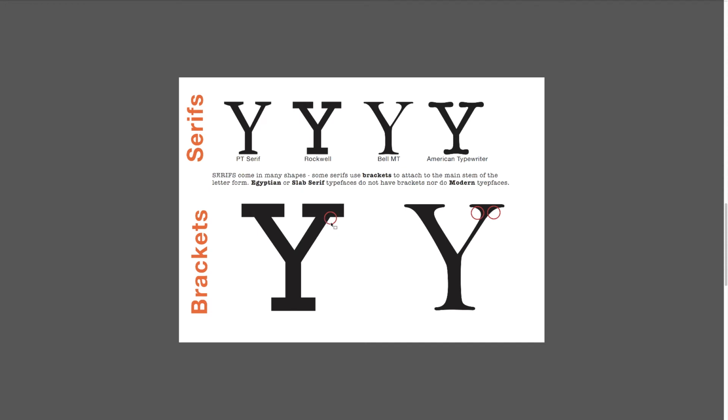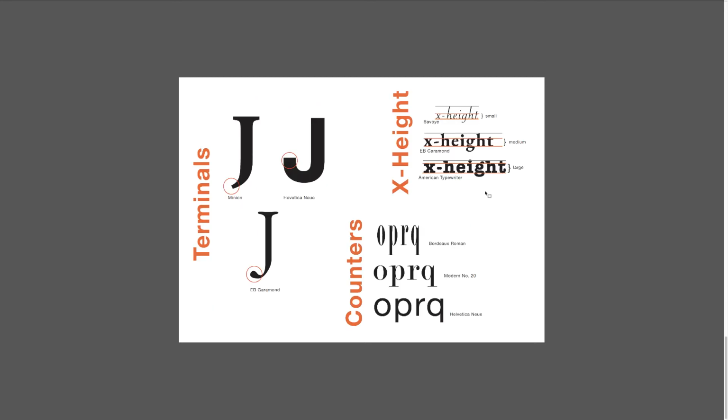So some typefaces, like this big slab serif typeface, have no bracket. The serif just meets the stroke. Whereas with this typeface over here on the right, you'll see that the serif is joined, and that joining area refers to the brackets. Those brackets end up giving typefaces particular looks and feels. So those are good to become familiar with.